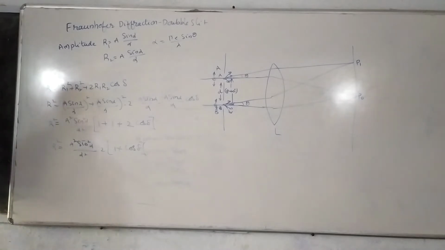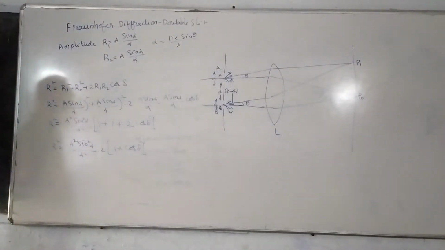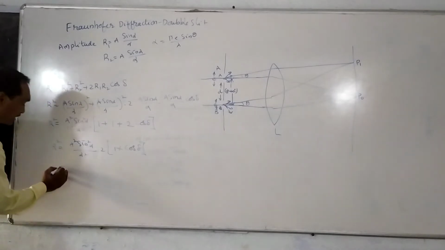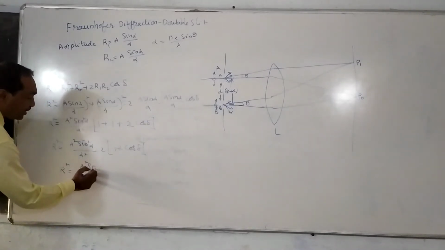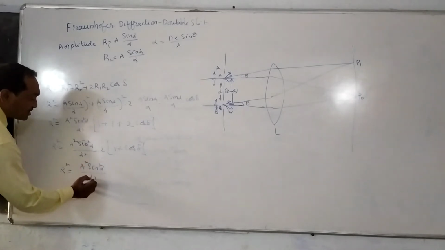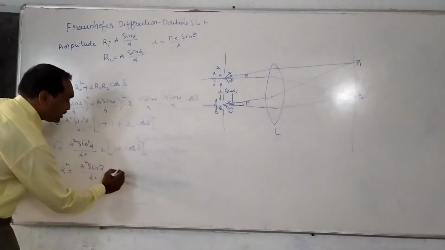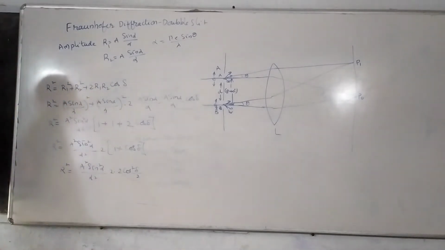There is a trigonometric formula: 1 plus cos delta is equal to, can anyone say? 2 cos square delta by 2. From this, the resultant amplitude R square is equal to A square sin square alpha by alpha square into 2 into 2 cos square delta by 2.